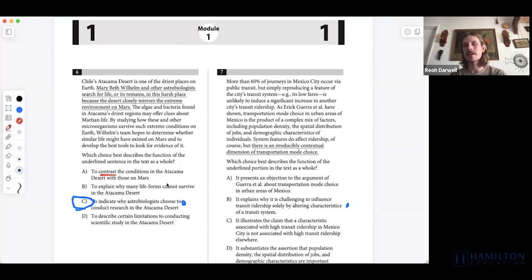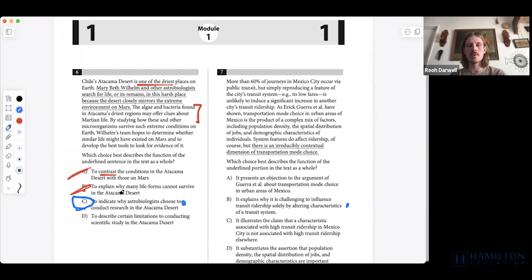While we do compare conditions in the Atacama and the desert with those on Mars, that happens mostly here. And also, it isn't really a contrast. It's more of a positive comparison. This might be described right here, but in the underlined portion, happens elsewhere, right?